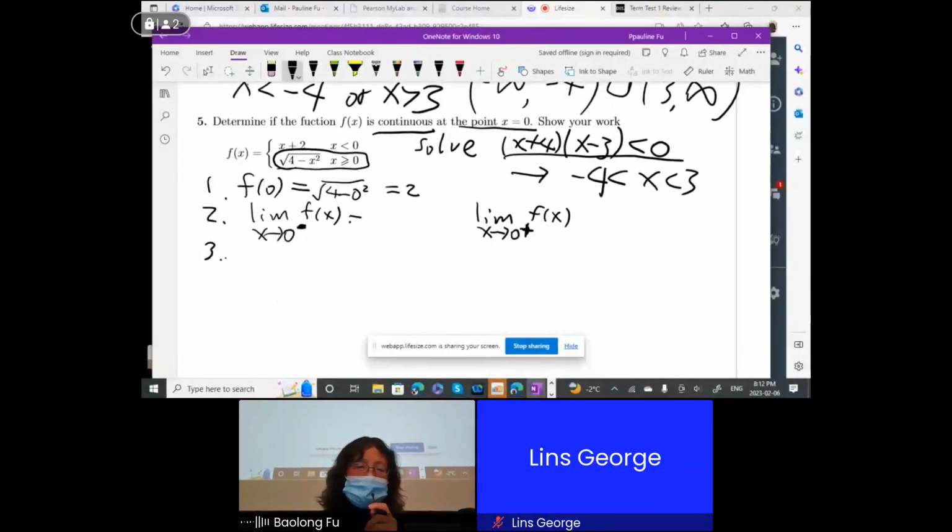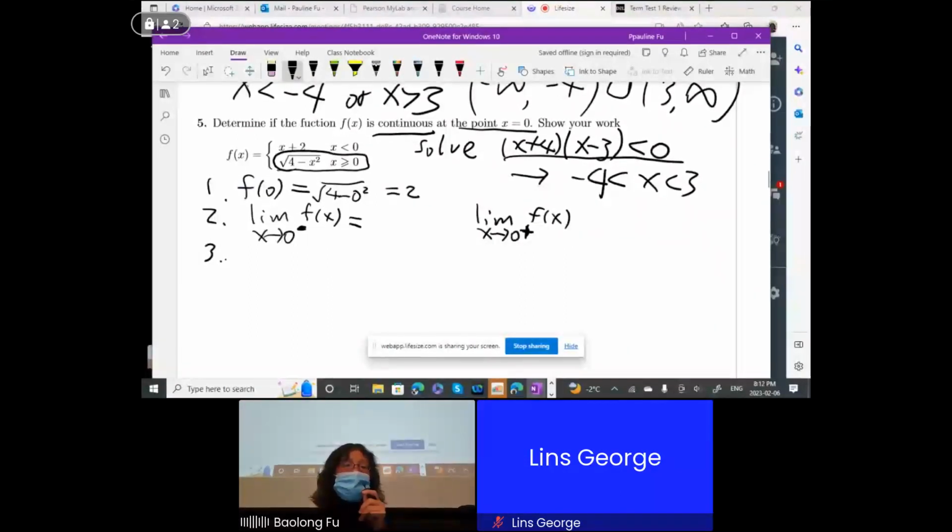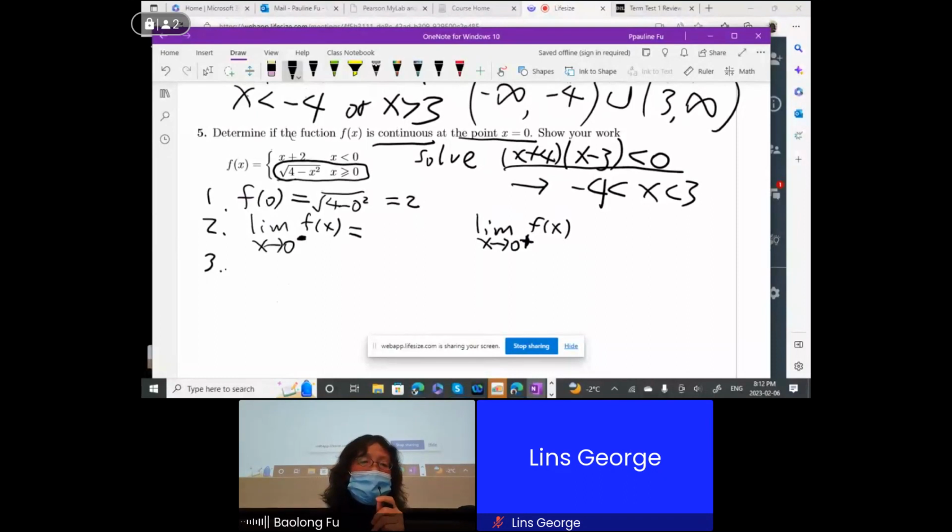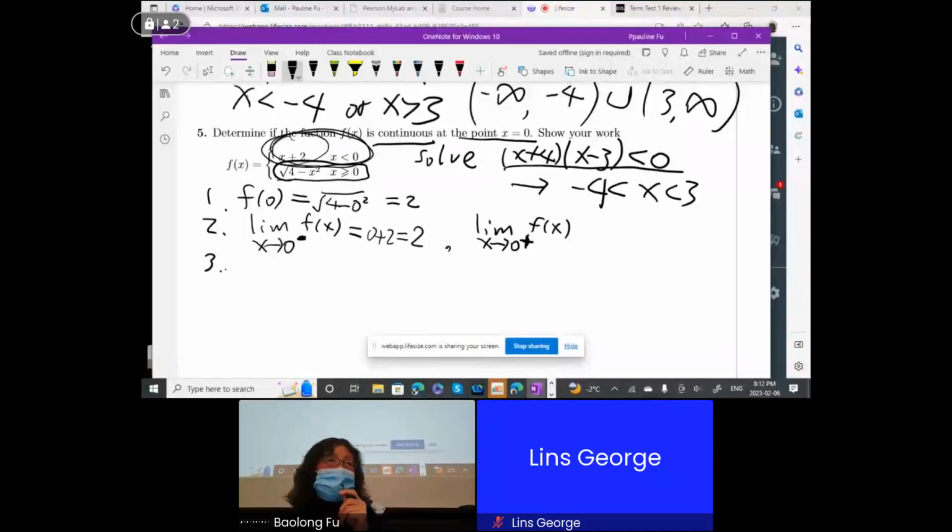When x goes to 0 from the left hand side, you need to use x plus 2. So you plug in, you get limit 2. And when x goes to 0 from the right hand side, you use the square root of 4 minus 0, equal to 2.